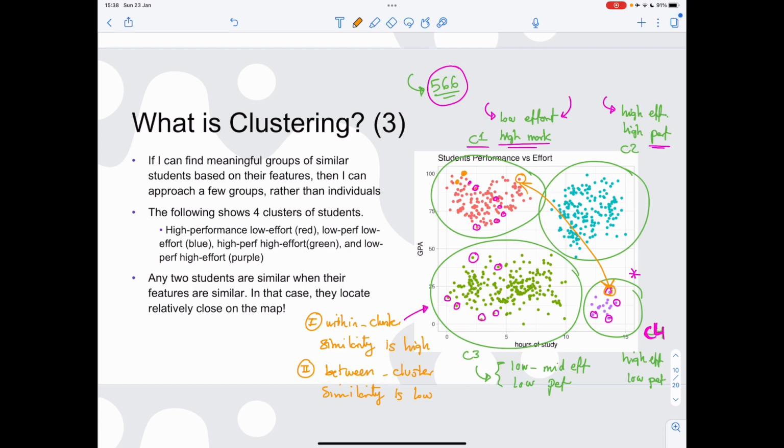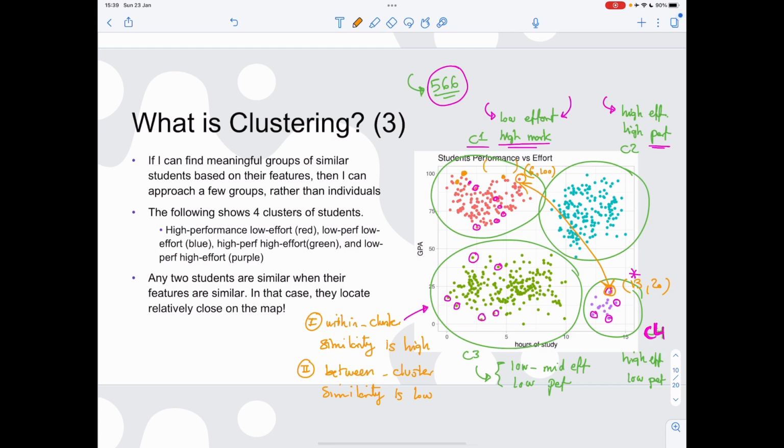And let's think about these two. This guy or girl is around 100 on the final mark and around 6 hours of study. This one is around 13 hours of study and around 20 in the mark. And we can see that their profiles of variables are very, very different. But what about these two here?